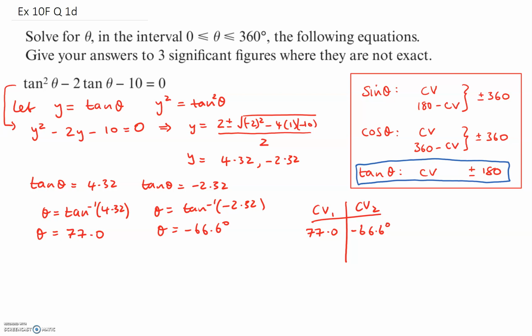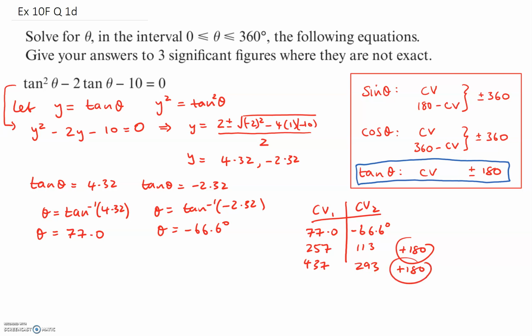If I subtract 180 from either one, I will go outside the range of 0 to 360, so I'm going to add 180s. Add 180s to both, I get 257 and 113. Add again, I get 437, 293, so that was adding another 180.